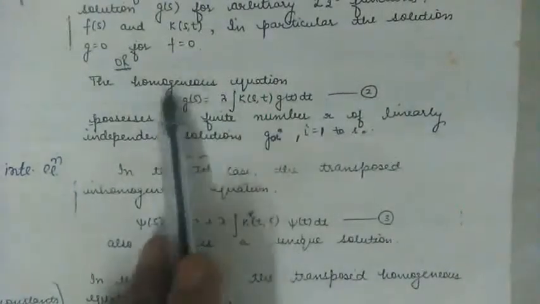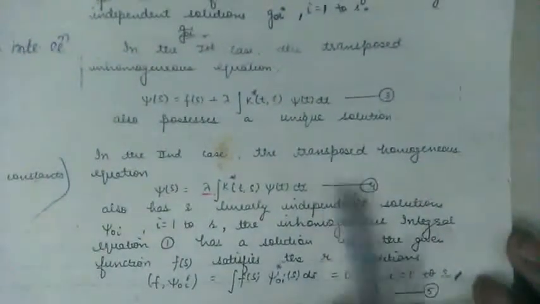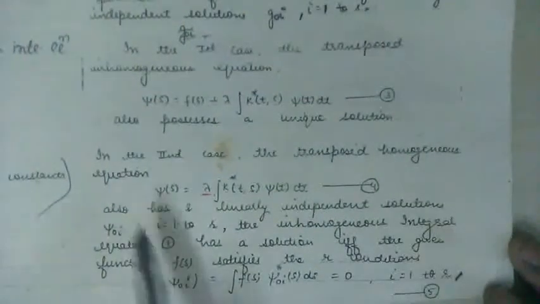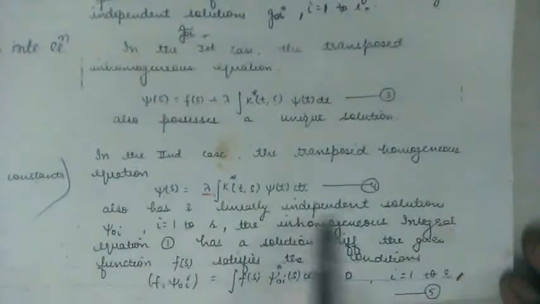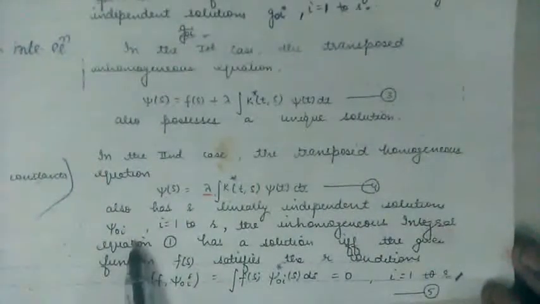In the second case, when the homogeneous equation has r linearly independent solutions, the transposed homogeneous equation also has r linearly independent solutions, which we have denoted by psi_0i.